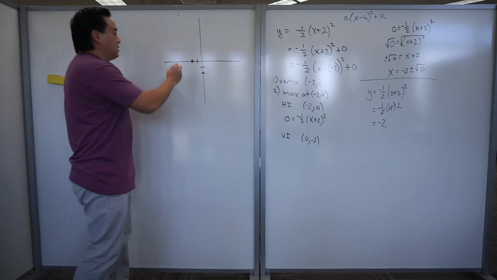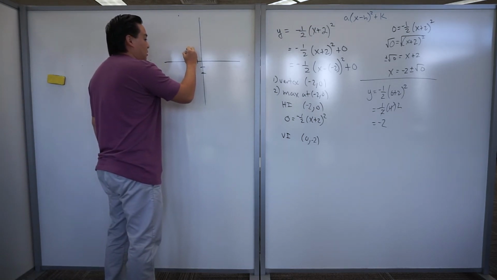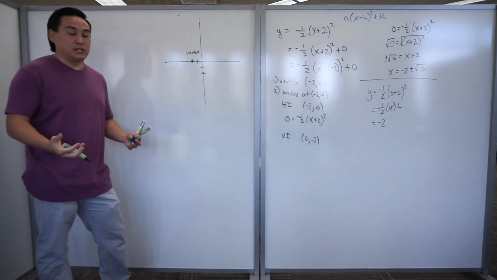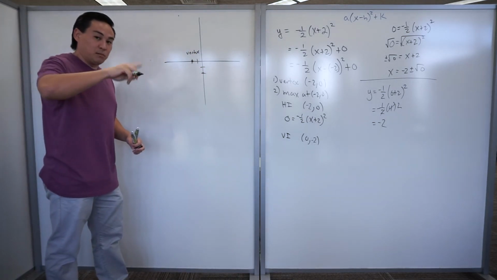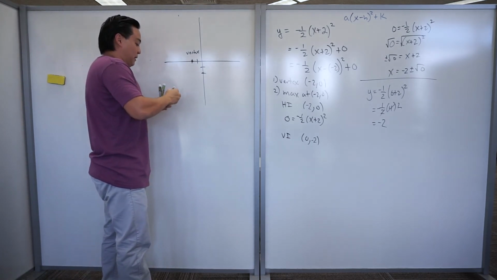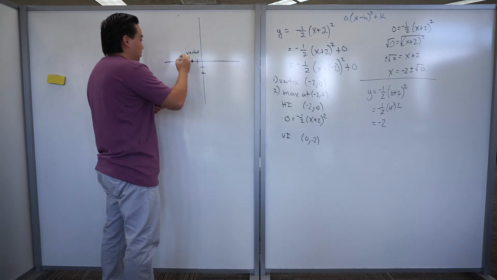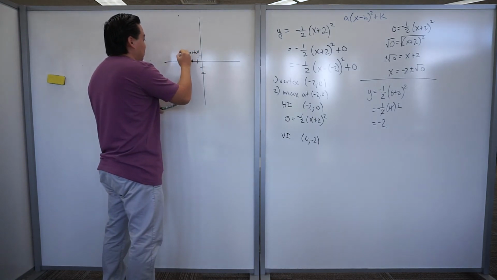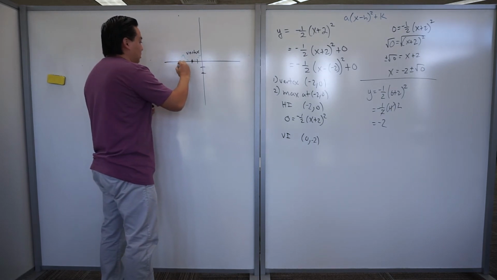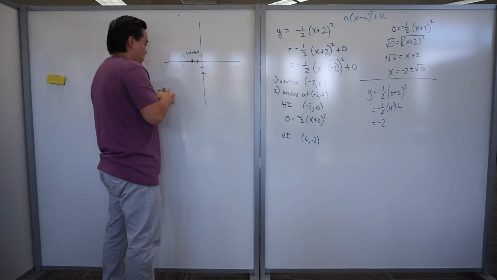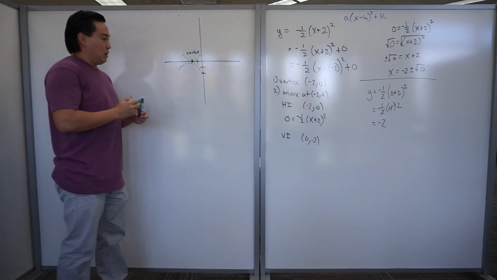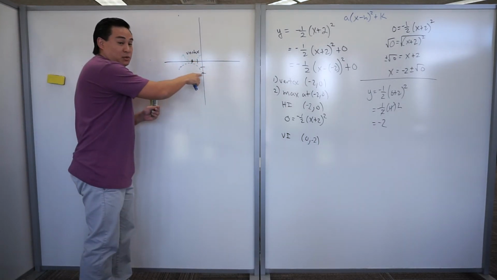Okay. This is the vertex, right, as well as the horizontal intercept. So we know that it has a bowl which is attached to this point. Now the question really is, does the bowl go like that? Or does it go like this? Now remember, it has to go through this point.